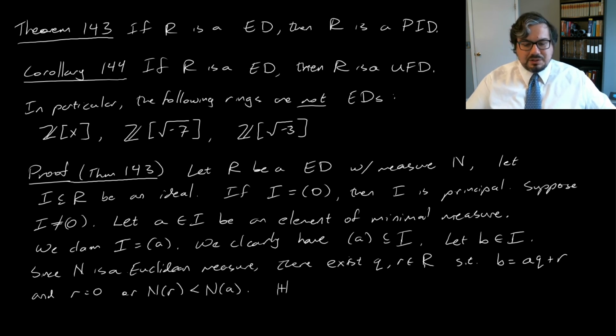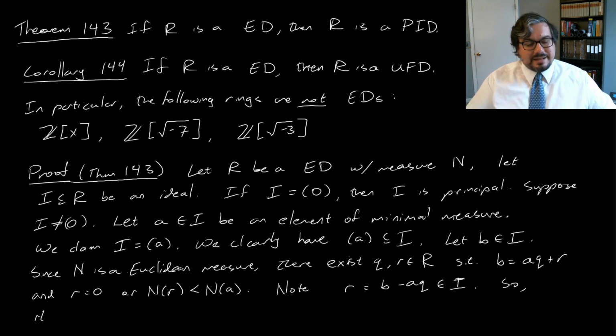Now, note that R is equal to B minus AQ, which belongs to I, since B belongs to the ideal I and AQ belongs to the ideal I.